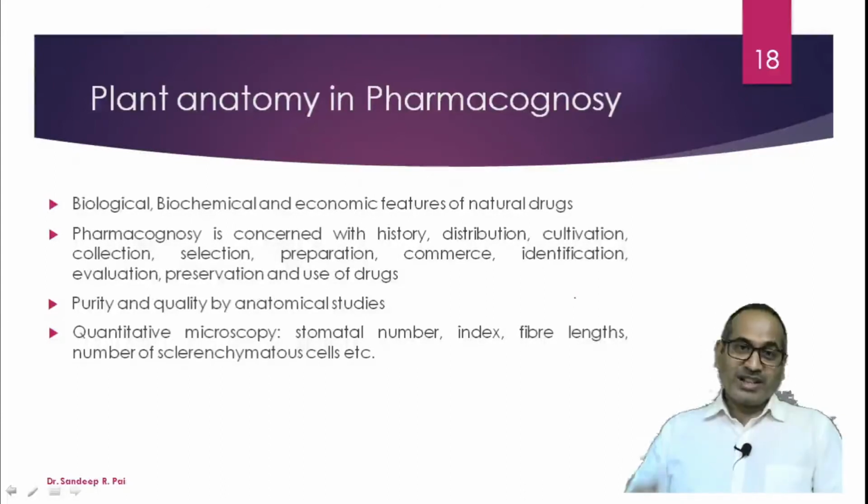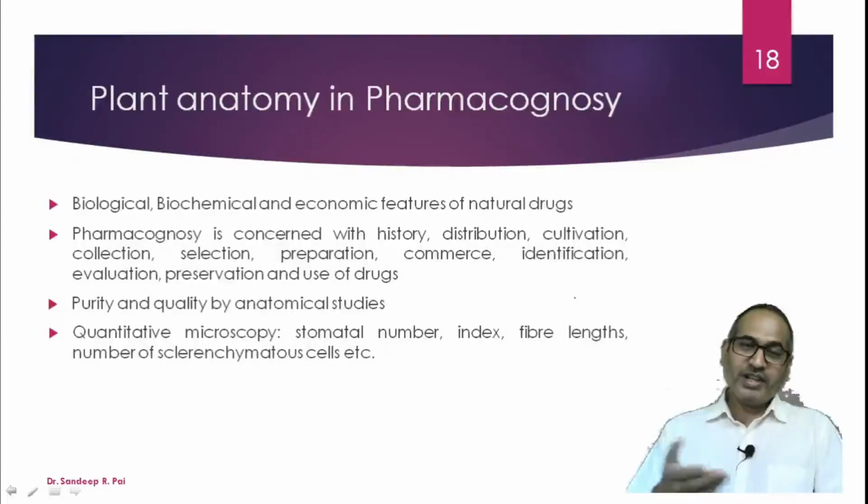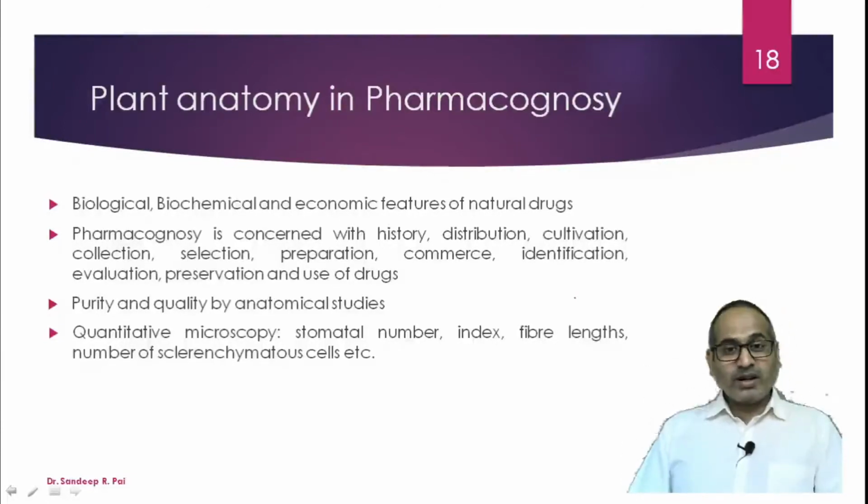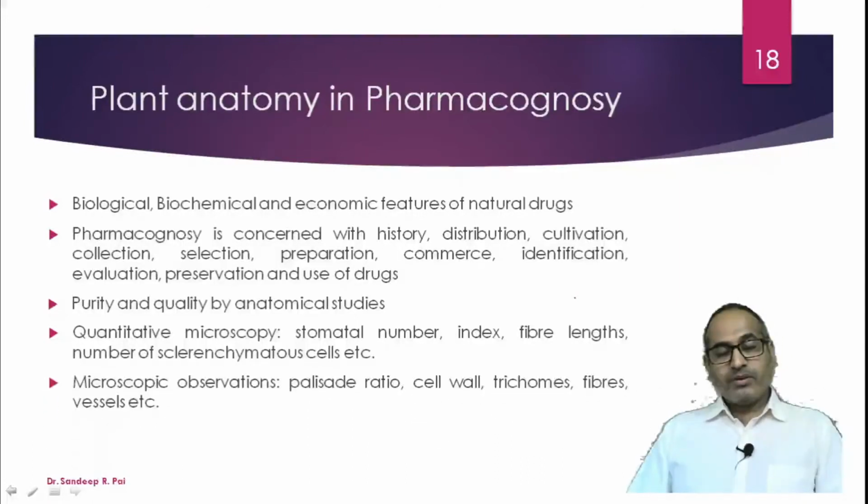So you have to take a section of leaf, stem, fruit, whatever the plant part or the drug may be, it may even be the root, and then you look for the quantitative features. Quantitative, you measure, you count on them, okay. Then we also look for microscopic observations in crude drugs. You will see the palisade ratio, cell wall, trichome features. How are the trichomes? Whether they are glandular. If you see trichomes, say, I should give you the example of Ocimum.